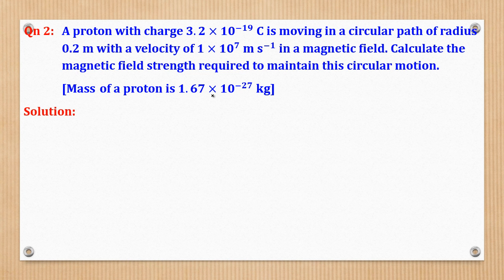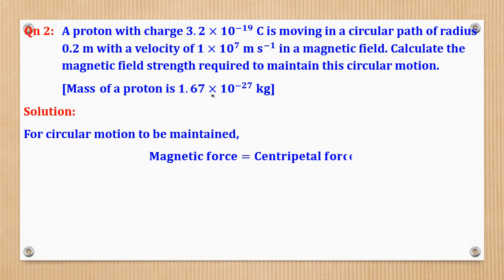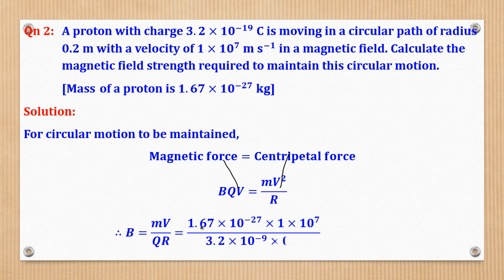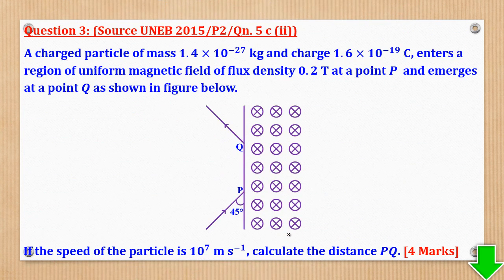So still consider the same. For circular motion to be maintained, magnetic force provides the necessary centripetal force. Therefore, substitute for magnetic force and equate it to centripetal force. Then make B the subject to come up with this. Then substitute for mass, drift velocity, charge, and radius to give you the required magnetic flux density.